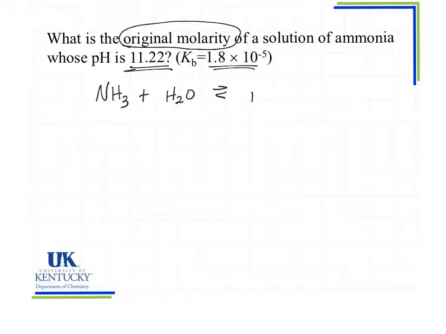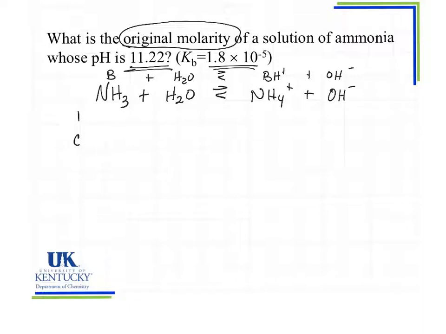Proton swap, the base accepts the proton, the water donates the proton, and there's the reaction. I could have done it with B's instead, and I'll do that right above it so you can see it. BH plus OH minus. That would be fine.